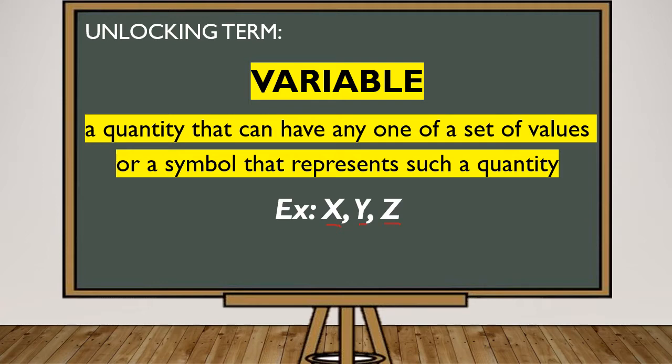Examples of variables are age, civil status, number of heads. It can have any one of a set of values. Age can have a value of 1, 2, 3, and so on. Civil status can be single or married, and so on. So these are examples of variables.